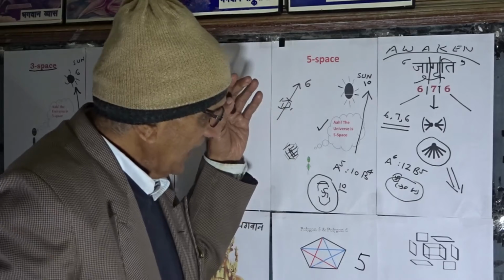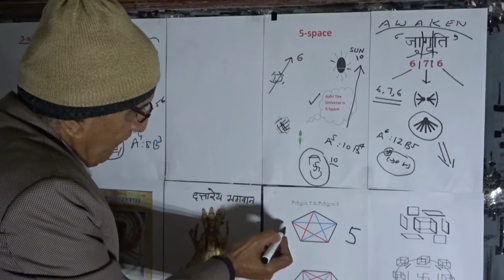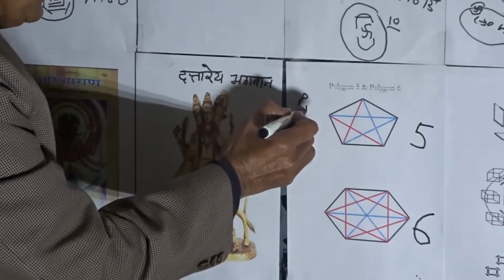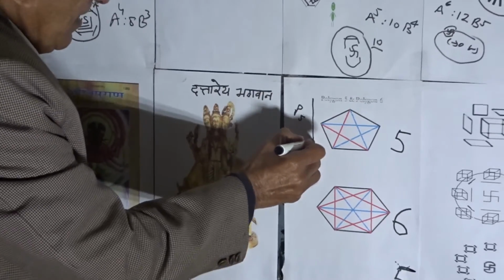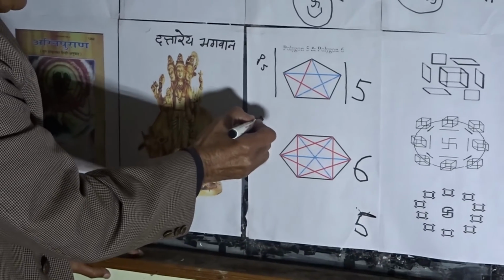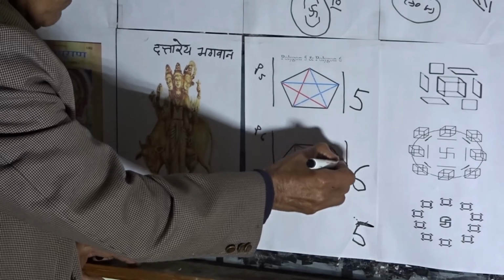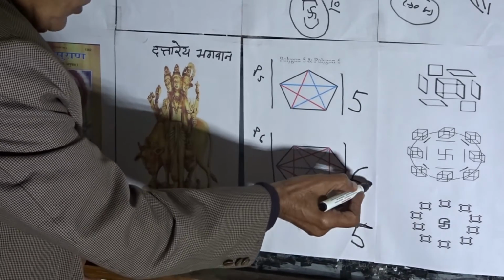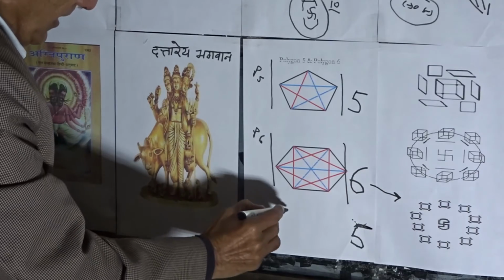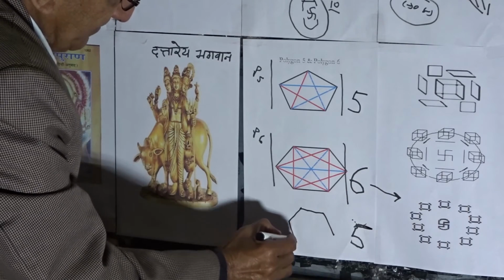Now see that if we are going to pentagon, polygon 5, as a printf of a 5-space, a hypercube 5, with polygon 6, the hexagon, as the origin, and when the origin splits out, it will transcend out, then it will create another pentagon on the other side.